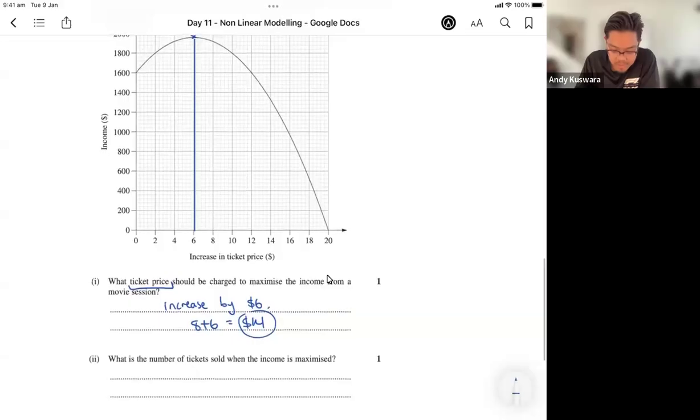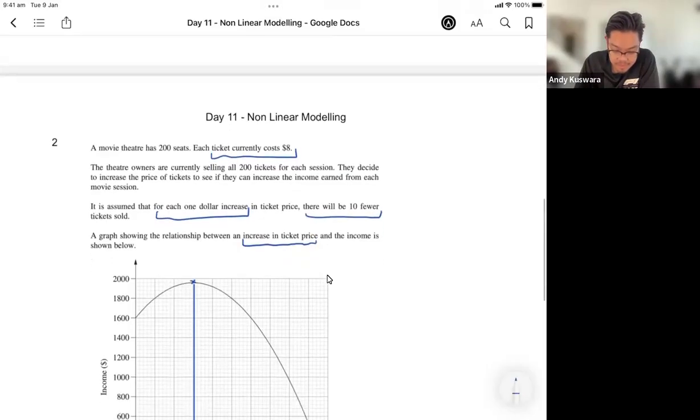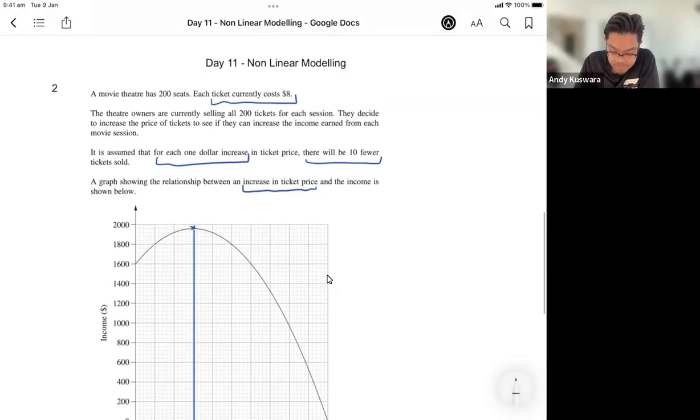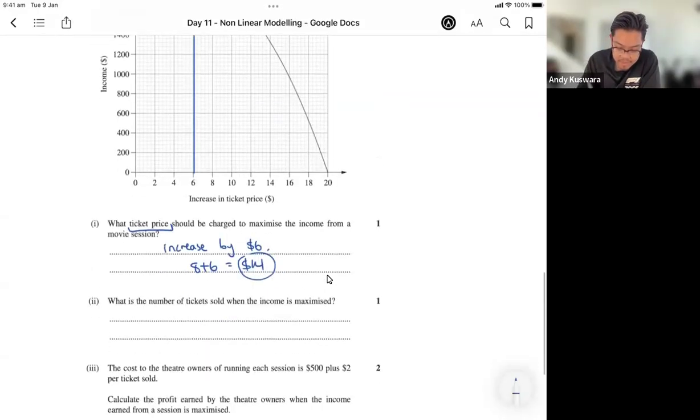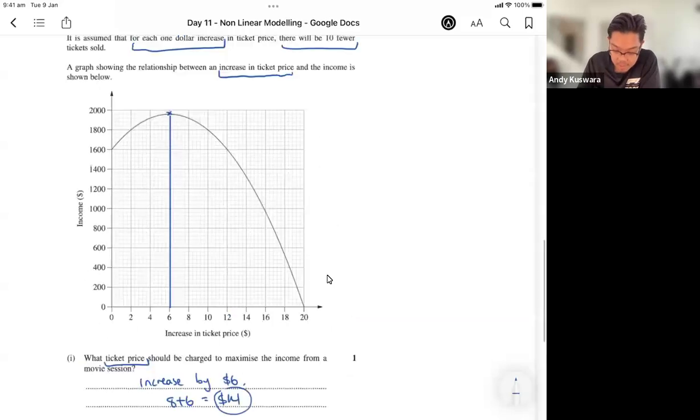Now, what is the number of tickets sold when the income is maximized? This is where I have to go back to the question. It says for each $1 increase, there'll be 10 fewer tickets sold. They're currently selling all 200. So for each dollar increase we lose 10 people.